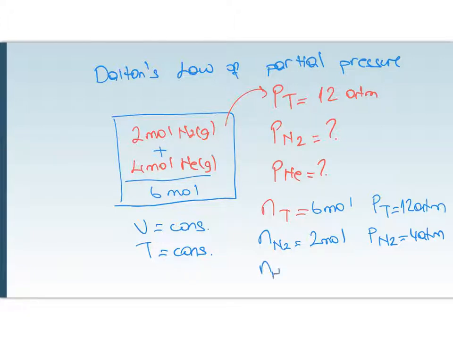And helium, with a mole number of 4 mole, has a pressure of 8 atm. So the number of moles is directly proportional to their pressures. 6 mole refers to 12 atm, 2 mole refers to 4 atm, and 4 mole refers to 8 atm. This is known as Dalton's law of partial pressure, when the gases are in the same container and at the same temperature.